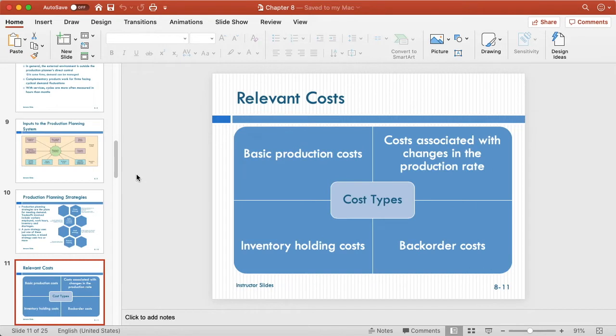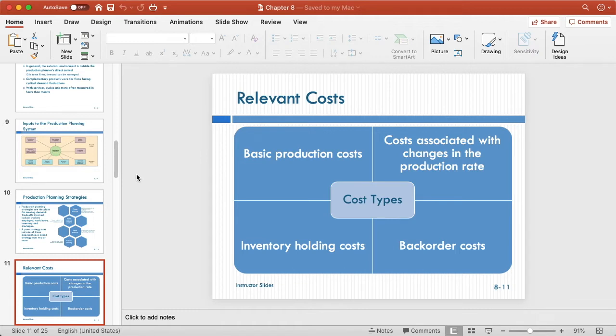These are the relevant costs for different strategies. As I said, there's no one strategy that dominates all the others, because every strategy has its advantages and disadvantages. No matter which strategy, you have to produce the amounts to fit the market demand, so you have to incur the basic production cost.